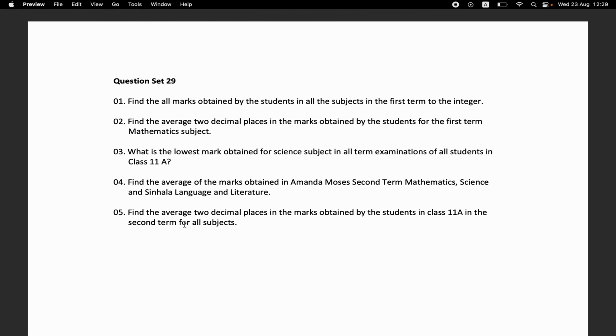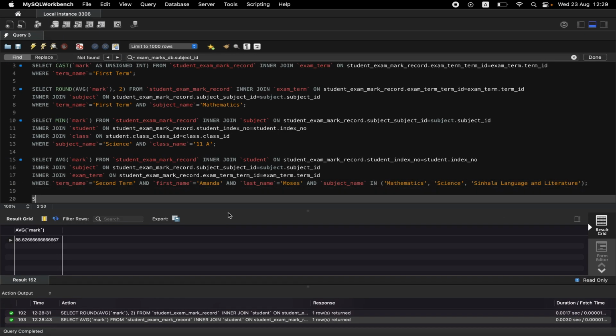The last question, the fifth one, find the average to two decimal places of the marks obtained by the students of class 11A in the second term. So we have to give two decimal places. So to give two decimal places, we can use the round function, and to get the average, we can use the average function.